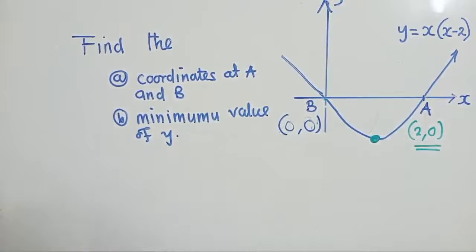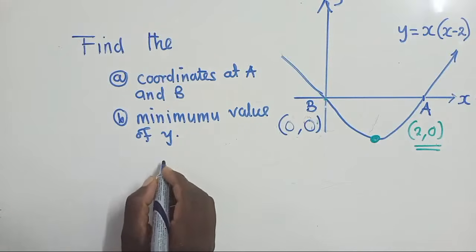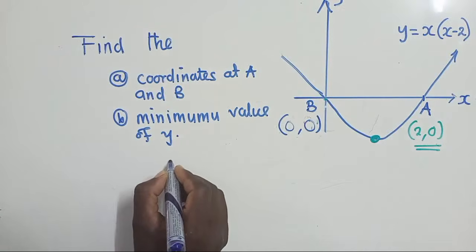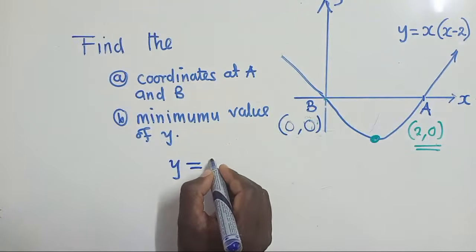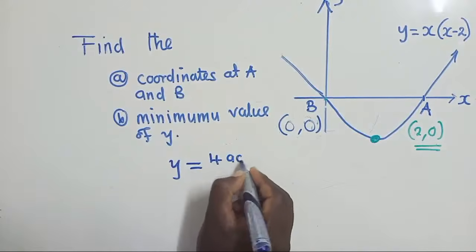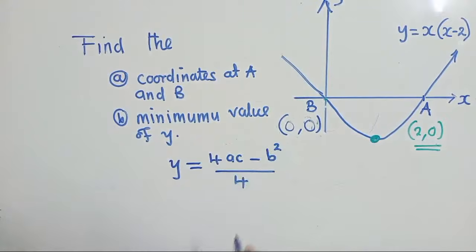The method that you're going to use to find the minimum value will be to go by the formulas. You can use this formula for finding the y value at a turning point. This is the formula right here.